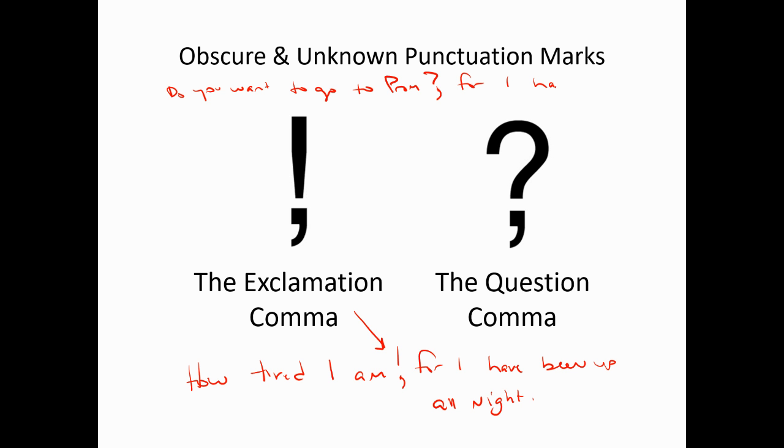For I have no date. The back half is a statement, but the front half is a question. Why not use the question comma? All right. So obviously you can use these in Canada, or at least you could for a while. Supposedly you can still use them in Australia because anything goes in Australia. So there you go. But these are really cool punctuation marks.